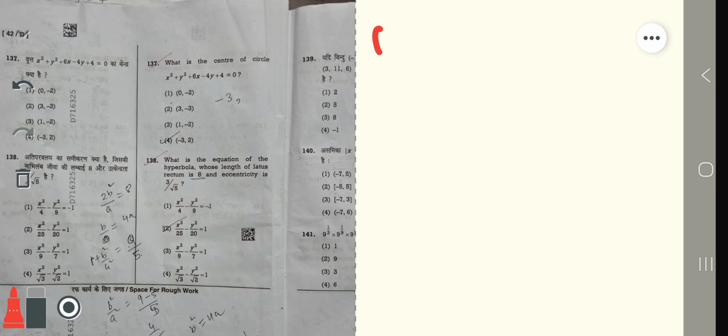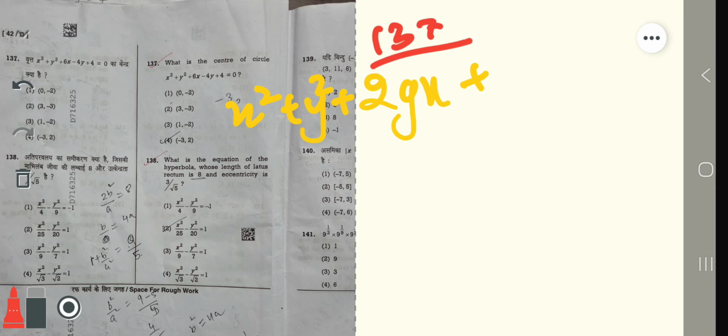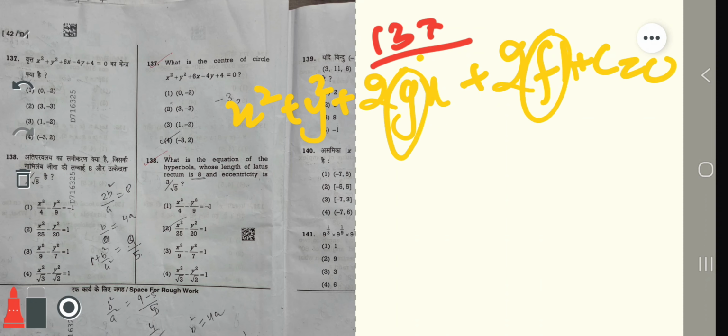Question number 137. The center of the circle x square plus y square minus 6x minus 4y plus 4 equals 0. So compare it with the general equation of the circle, which is x square plus y square plus 2gx plus 2fy plus c equals 0. Here g and f give the center, and the center is given as minus g comma minus f.